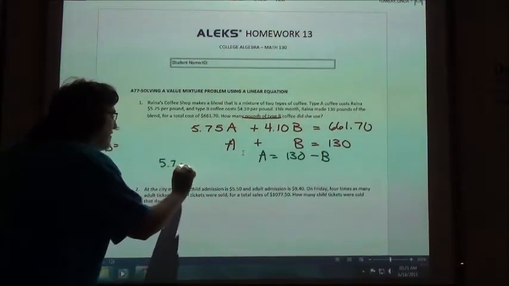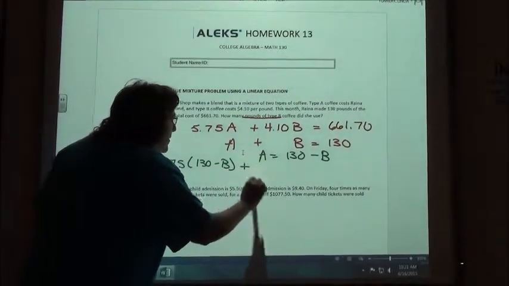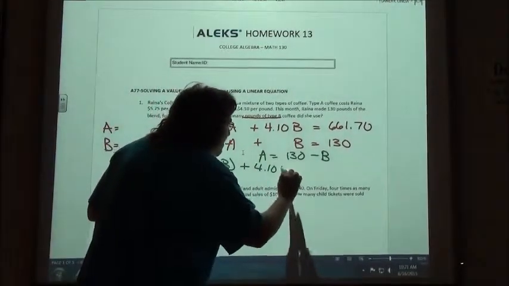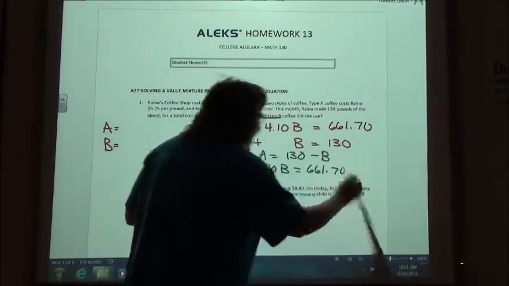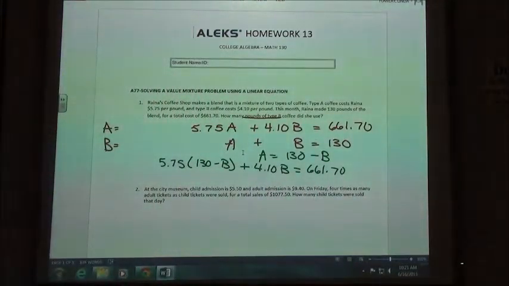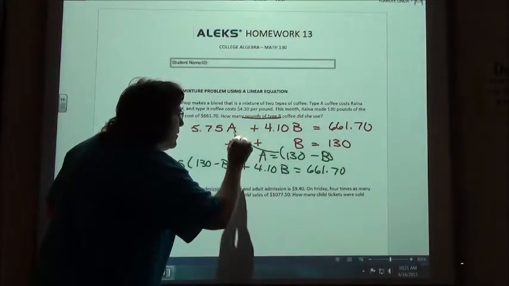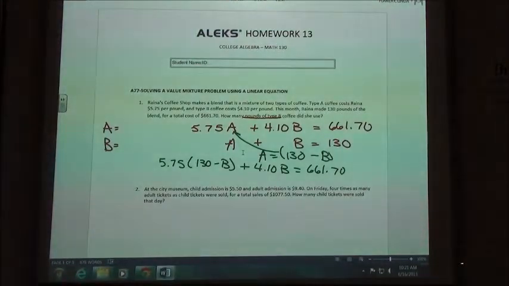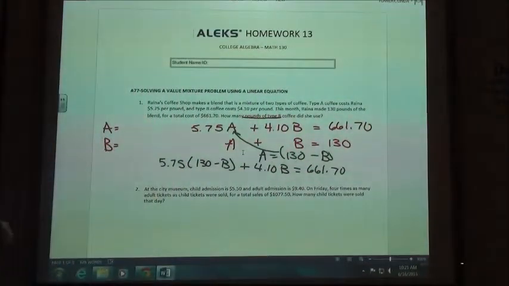So 5.75 times 130 minus B plus my 4.10B equals 661.70. We took that, plugged it in up there so that our equation just had B's and didn't have any A's. Now I get to solve my equation using my distributive property.